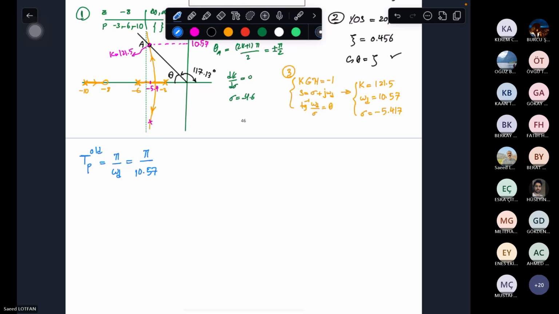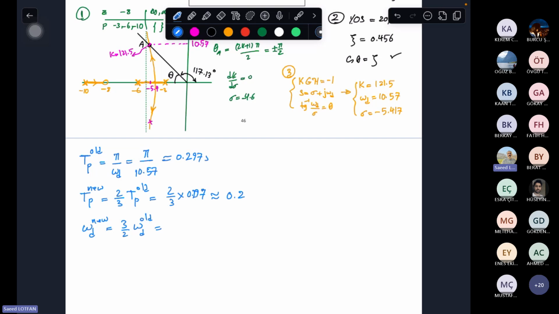Okay, this means that this is about 2.97 seconds. Now I want T peak new to be 2/3 of T peak old. So this means 2/3 of 2.97, I need it to be about 2, let's say 2. So this means omega D new should be 3/2 omega D old.